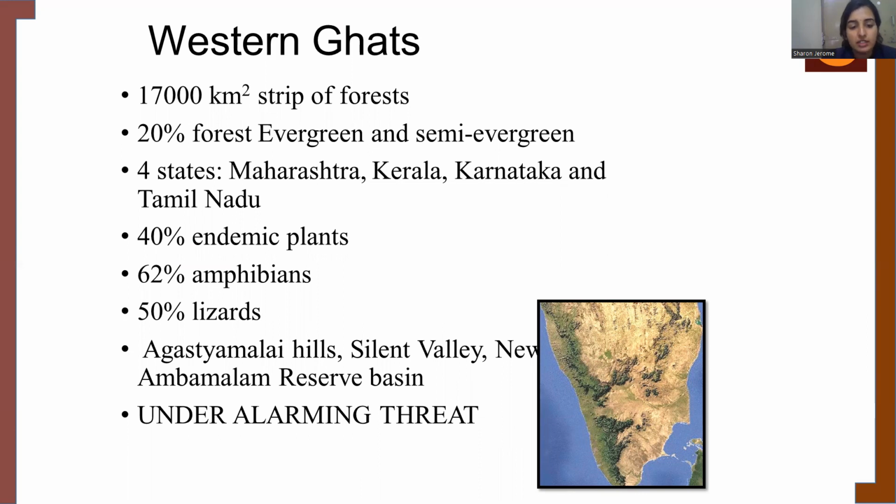The Silent Valley, the New Ambalam, and the Agastamalai Hills are all reserve basins seen in the Western Ghats. You can see the Western Ghats is under alarming threat. So it is very important, and that is why they are termed hotspots. In the near future, if you do not protect them in a proper manner, there is a chance that all these species can go extinct.